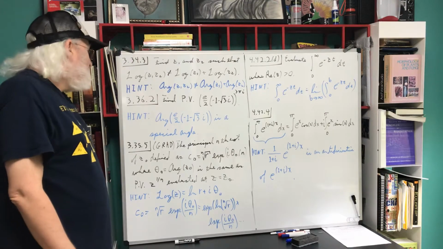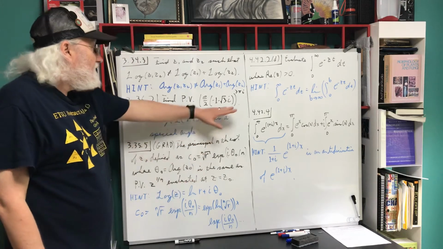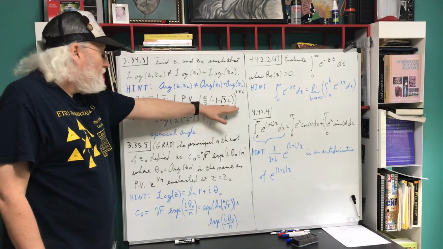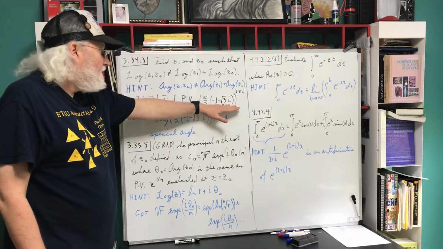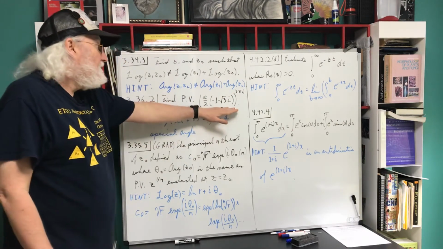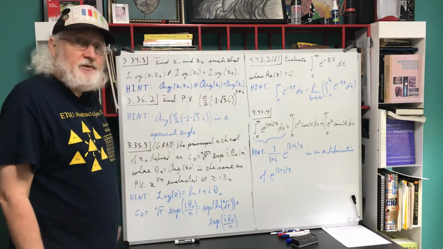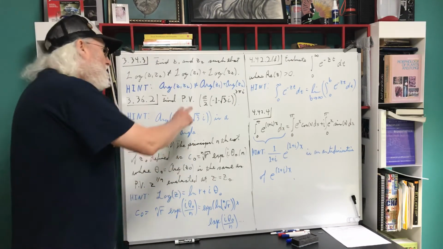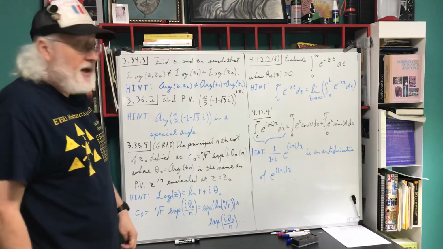Number 3.36.2 asks for the principal value of (e over 2)(negative 1 minus the square root of 3 i) to the 3 pi i power. Complex base, complex exponent, branches of the logarithm are underneath this, principal value, principal branch.